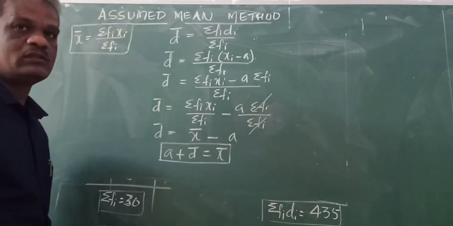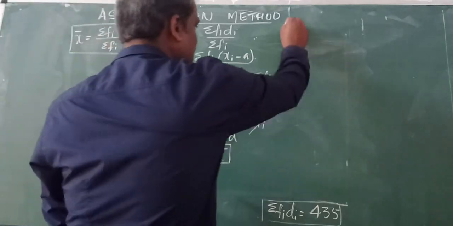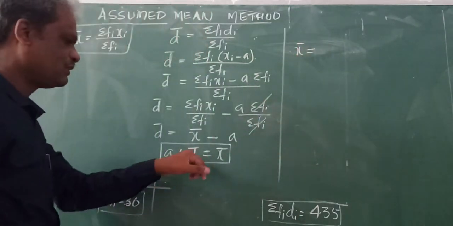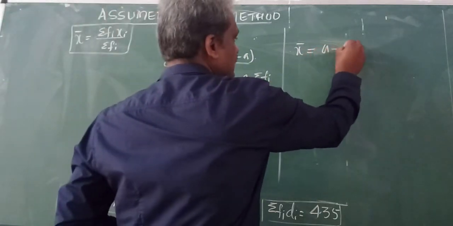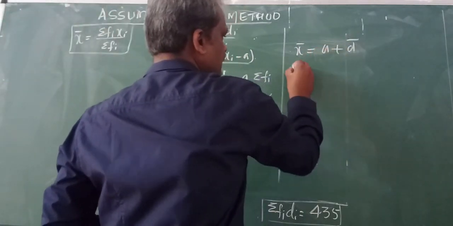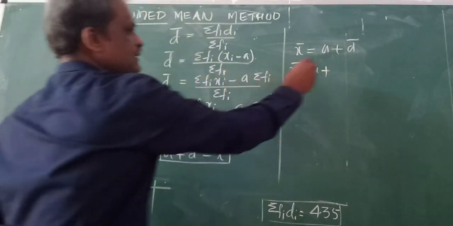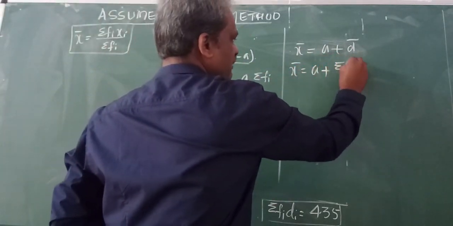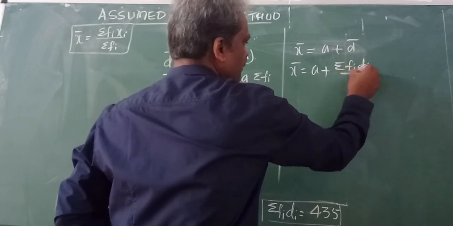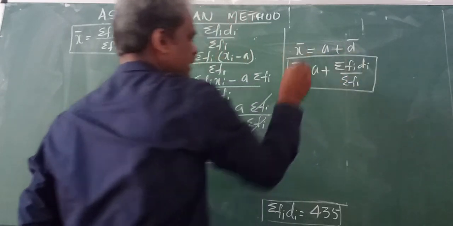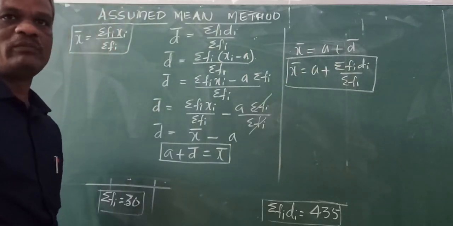Once again, let me write: x bar is equal to a plus d bar, where d bar is sigma fi di divided by sigma fi. This is the formula you can use with the assumed mean value.